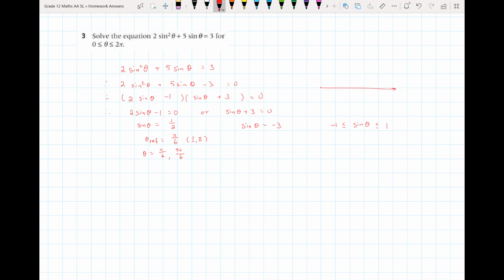So when you actually look at the sine wave, it only goes up to 1 and it goes down to -1. So it cannot be like at -3 here. So if this is like y equals -3, there will be no intersection. So this is impossible. So we have no solutions here. So combining those, the final answer would just be pi by 6 and 5 pi by 6.